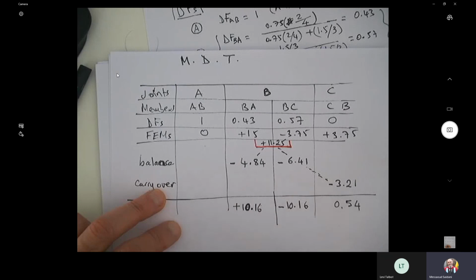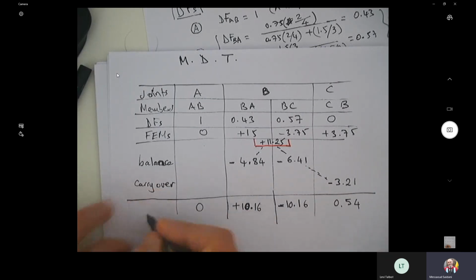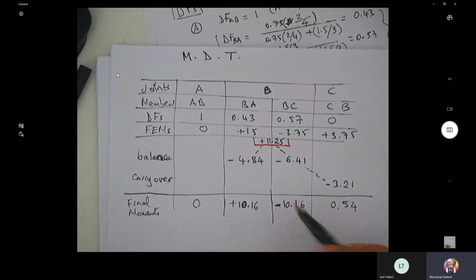So we have plus 10.16 and minus 10.16. And obviously here we have 0. And these are the final moments. Okay? These are the final moments. And you can see that the moments now are balanced.